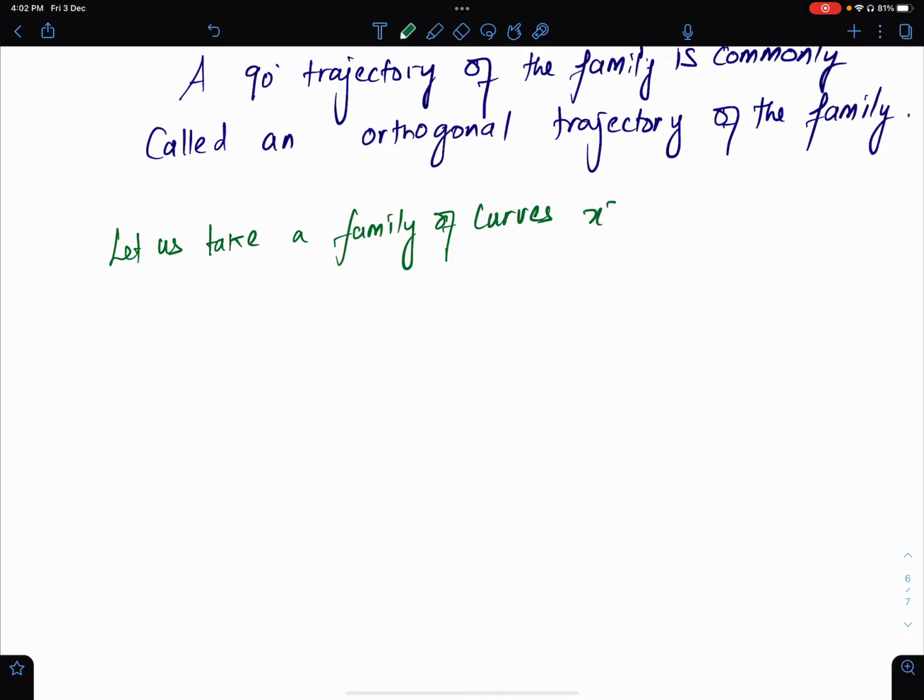What is the family? x square plus y square equal to c square. So what is given here? It is nothing but the equation of a circle centered at origin, with radius c.